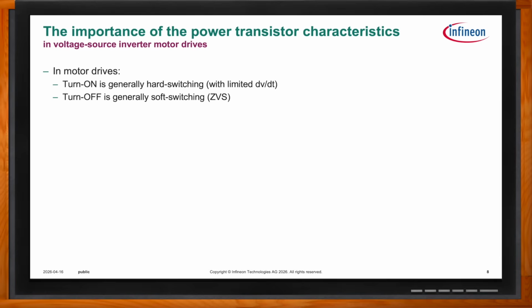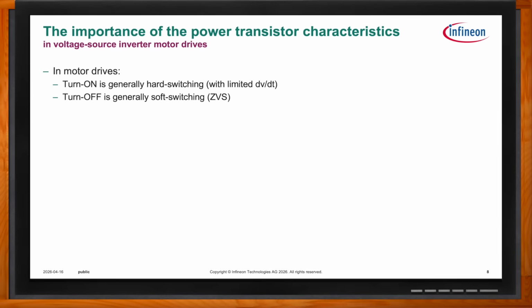So in these 48 volt, under 100 volt kind of machines that we're talking about for humanoid robots, the voltage levels are typically low enough that we really don't have to worry that the DVDT is going to cause some sort of insulation problem. It might be an EMI issue, but that's not a reliability issue.